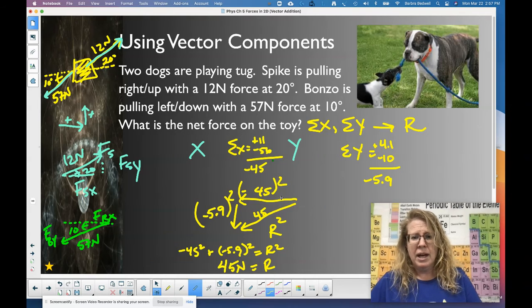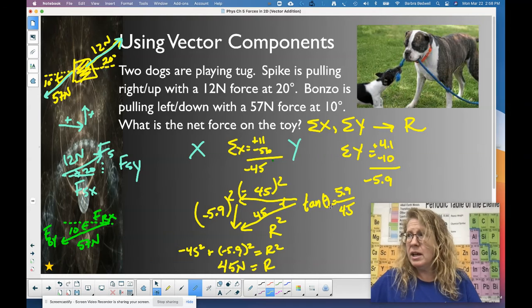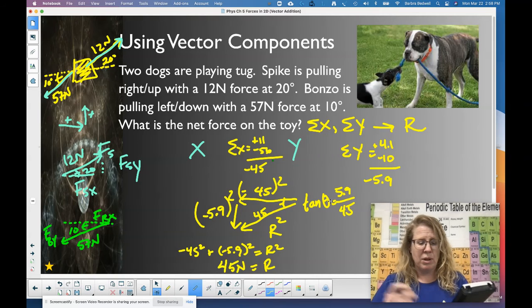That's all right. And then the last part we need to do is our angle. So we've got to figure out what our angle is. Again, for our angles, we typically use tangent. Tangent of theta is equal to opposite over adjacent, which is equal to 5.9 over 45. In this case, these are directionals, the negative signs. You can leave them in there if you want to, or you can take them out, but it's to the left and down is really what that means.